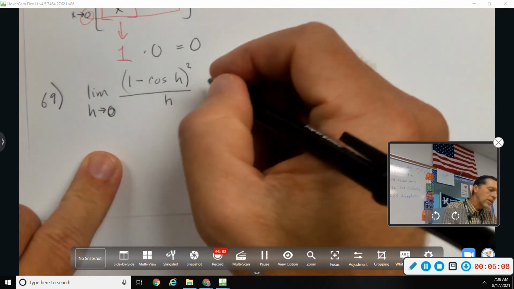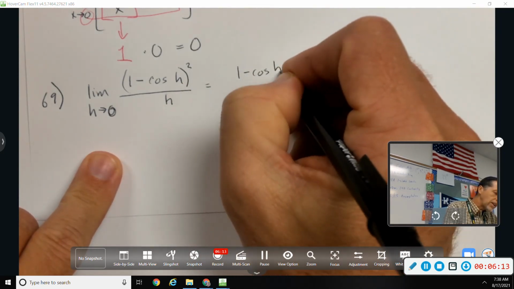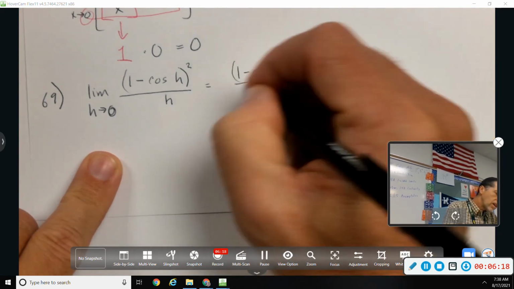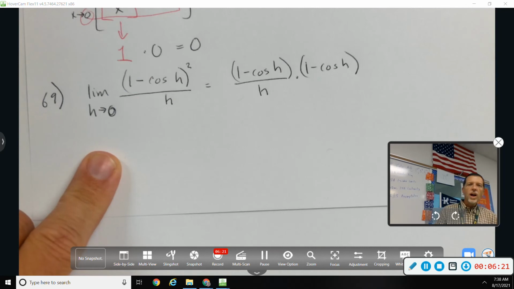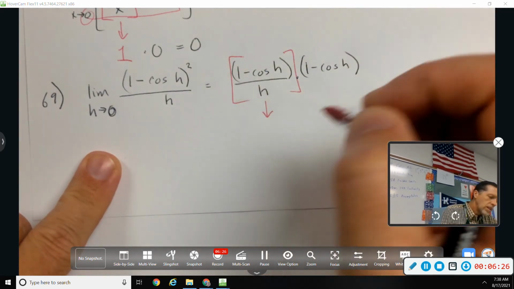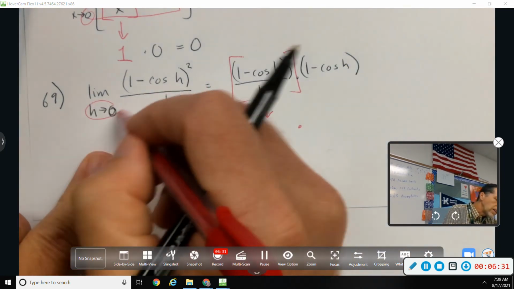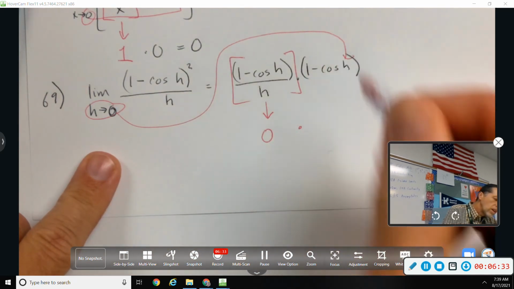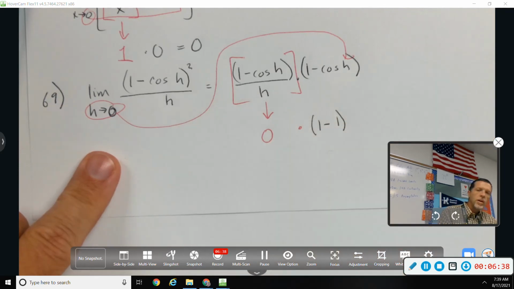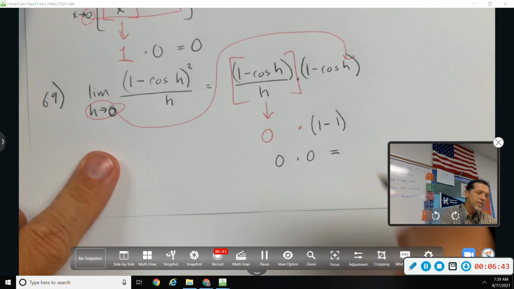It doesn't work. But I'm close to having part of this that I know works. So if I split it up, this is 0. Then we can substitute on the other one and see what happens. Cosine of 0 is 1, 1 minus 1 is 0. So on this one, it's a no-doubter. 0 times 0, that's okay. That's definitely 0.